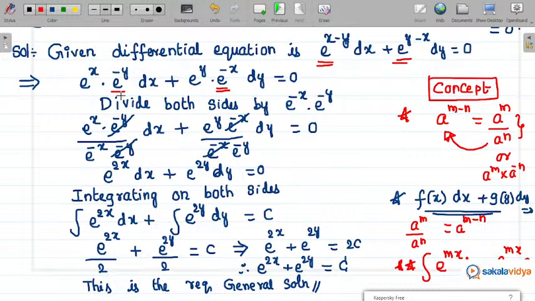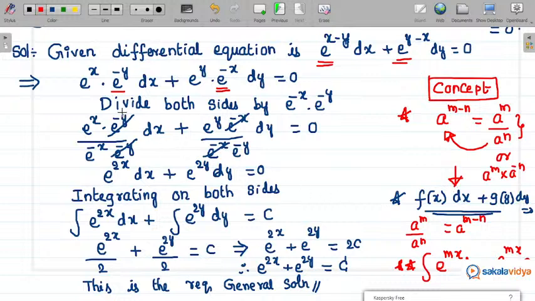Now it should be put in the form f of x dx plus g of y dy. Here there should not be a function of y, and here a function of x should not be there. So divide both sides by e power minus x into e power minus y. Why should we do this? To put it in this form.